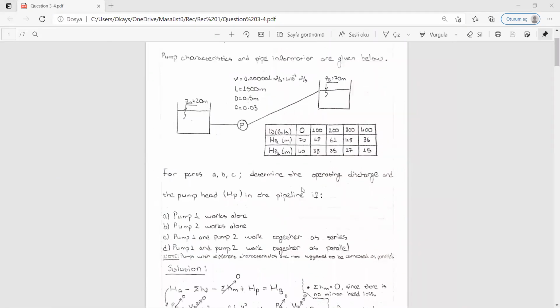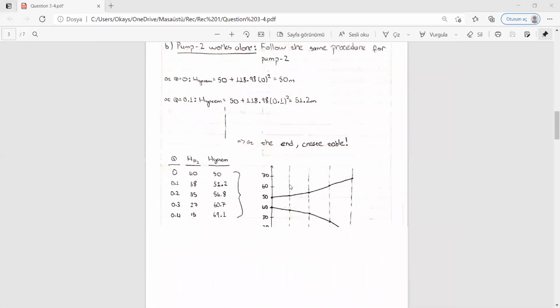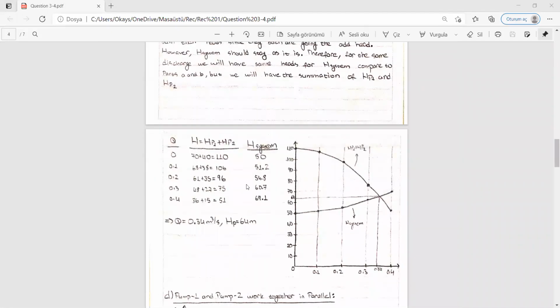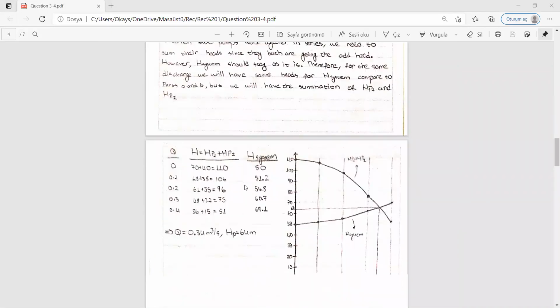So you don't learn how to calculate running two different characteristic pumps in parallel. Actually this part D is not related to you, but let me show very briefly what happens.